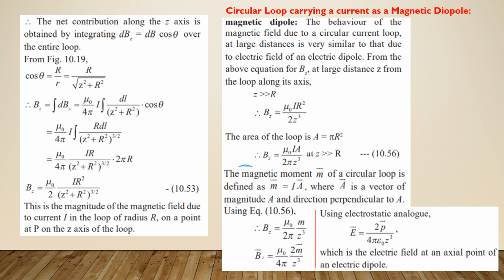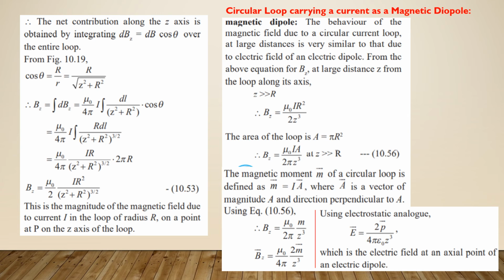Substituting the value and integrating it, we get the final expression as B is equal to mu 0 I R square upon 2 times in bracket z square plus R square raised to 3 by 2. This is the magnitude of magnetic field due to a current I in a circular loop of radius R at a point P on the z-axis of the loop.